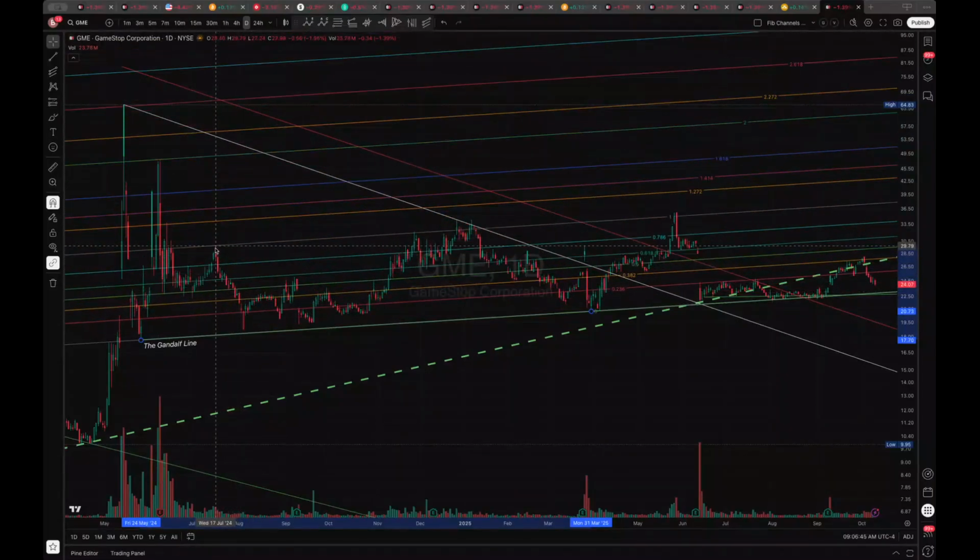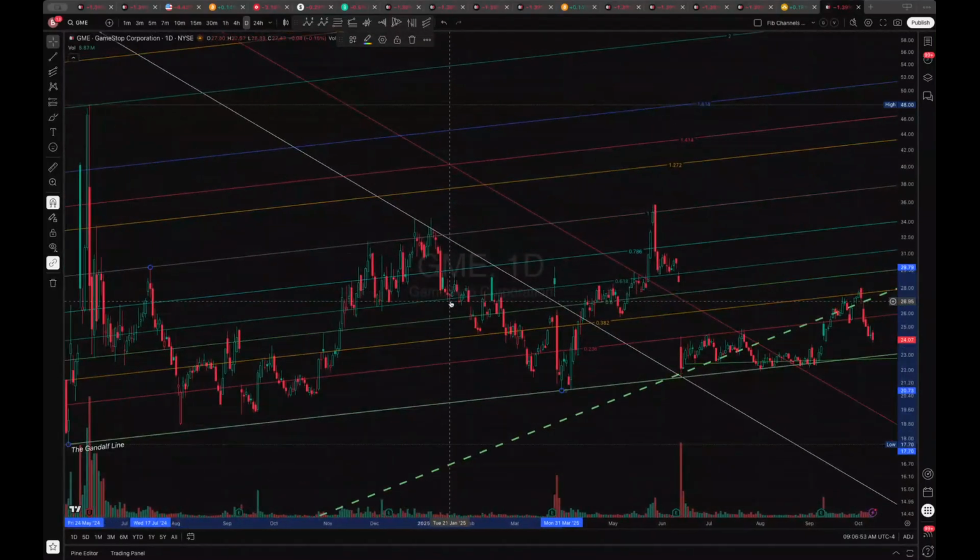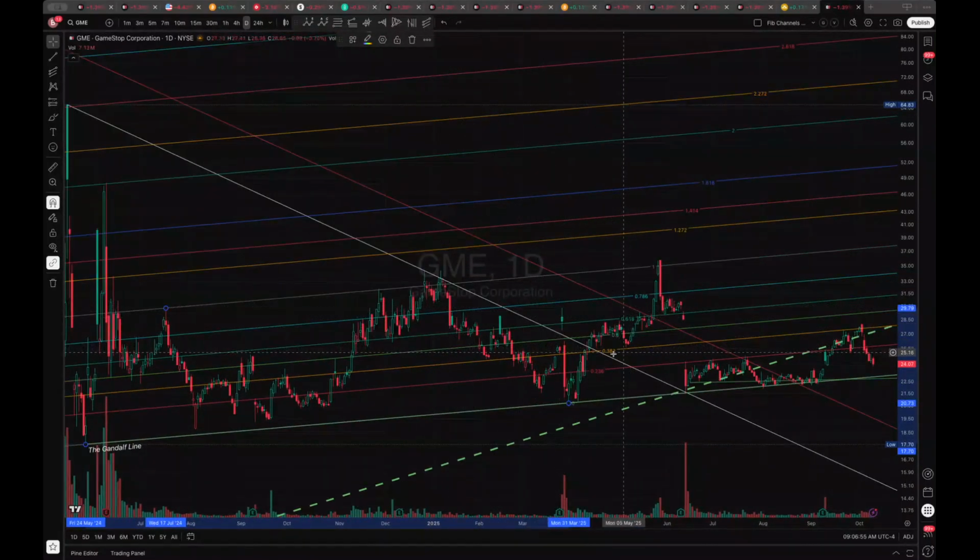and then I can get a little bit better granularity on resistance and support. And so you can actually see where some of these channels have formed over the last year and a half.